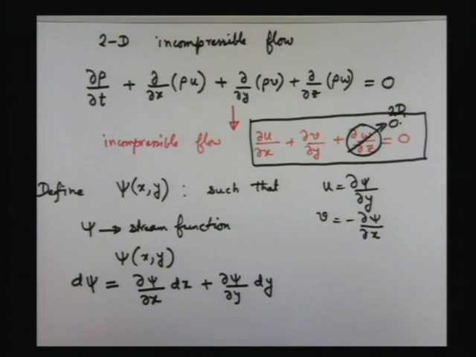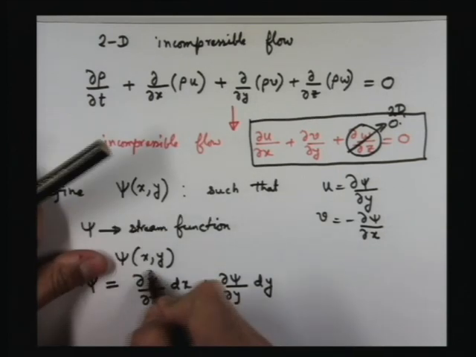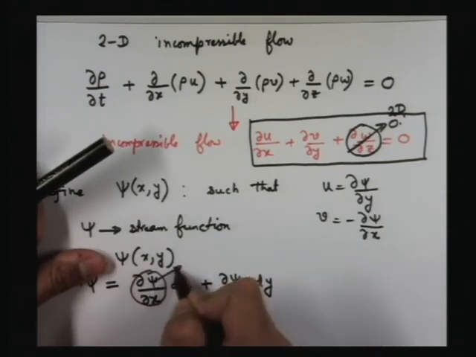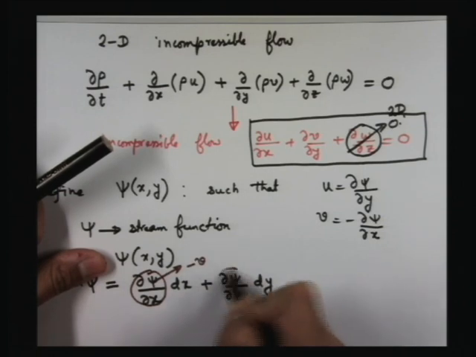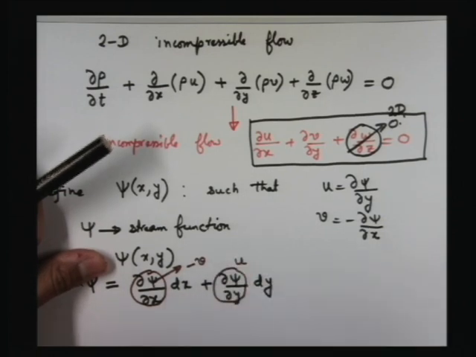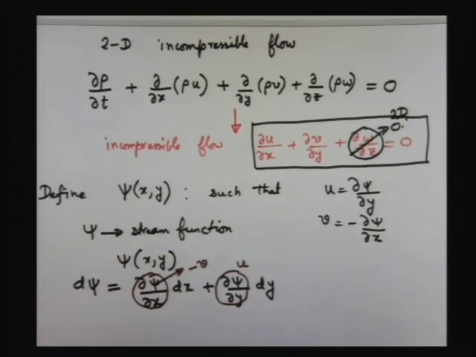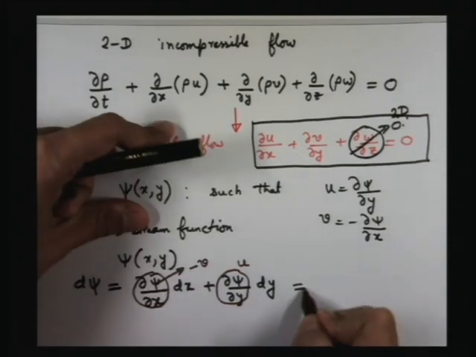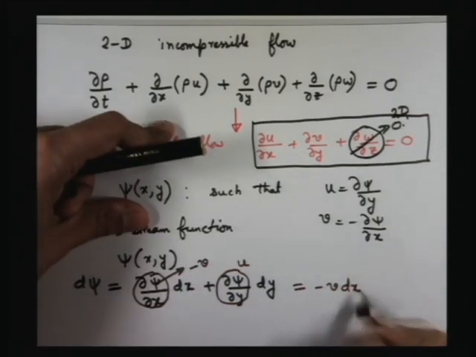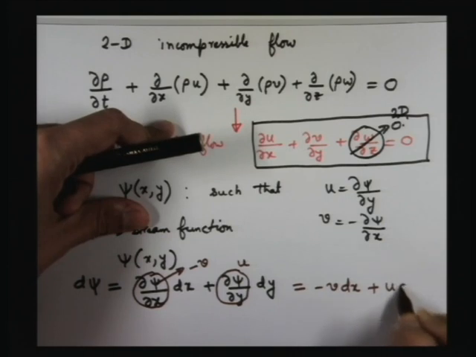What is del psi del x? Del psi del x is minus v and del psi del y is u. So, this is minus v dx plus u dy.